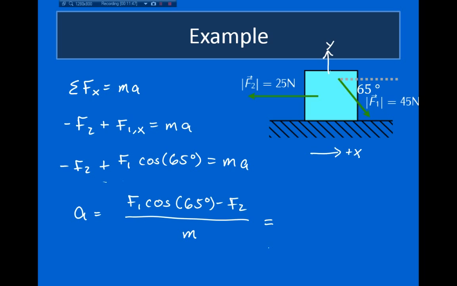Minus 1.2 meters per second squared. This negative sign, oops, that I forgot to put there, means that the box is accelerating in the negative direction. So the box is moving to the left. It's moving to the left because F2 was greater than the x component of F1. Okay?